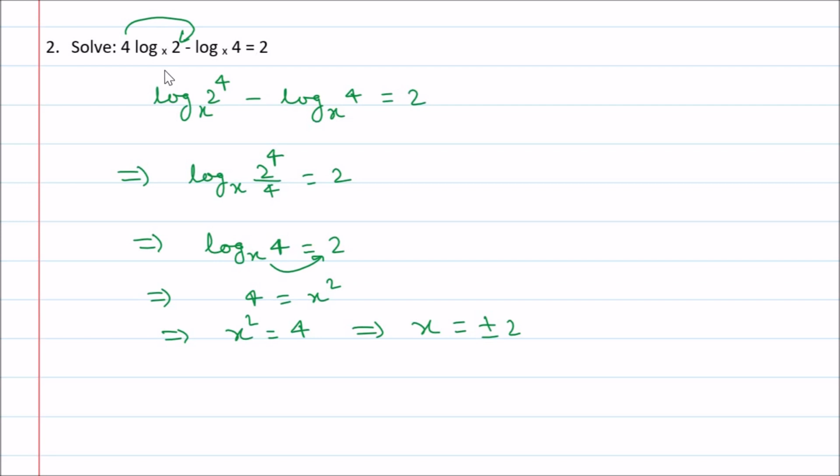As we can see in this equation, x is the base of the log here, and the base can never be negative for a log. We learned the rule for that. The base is always positive. That means the solution will be only x equal to 2.